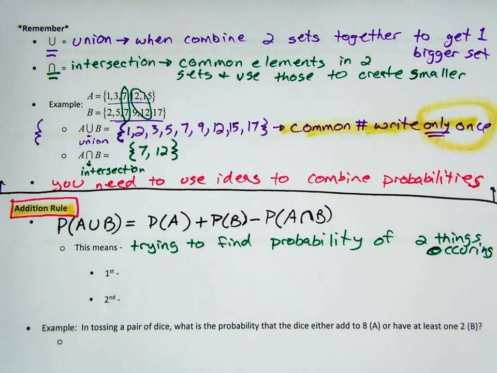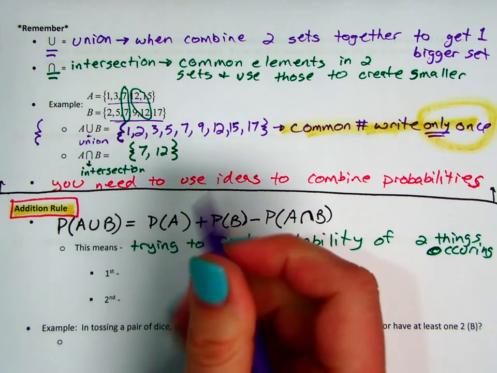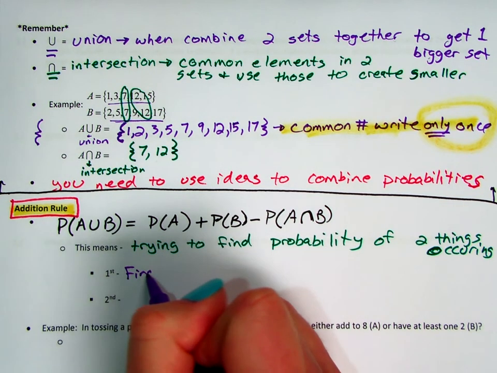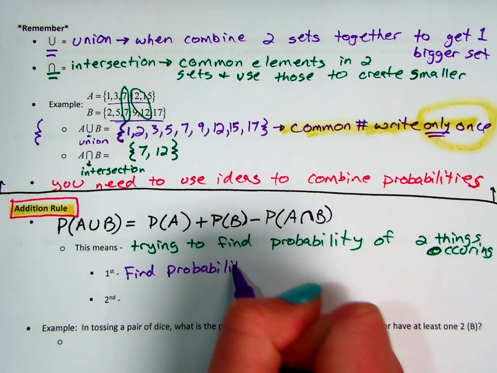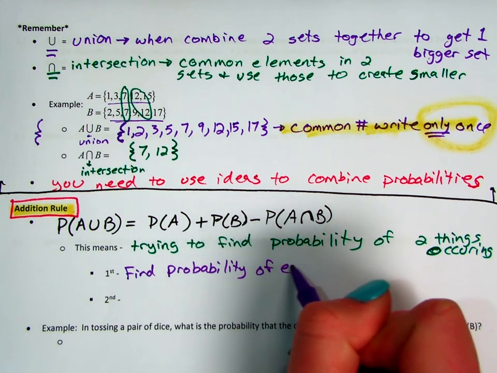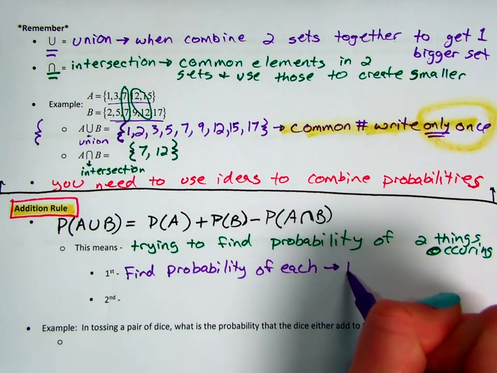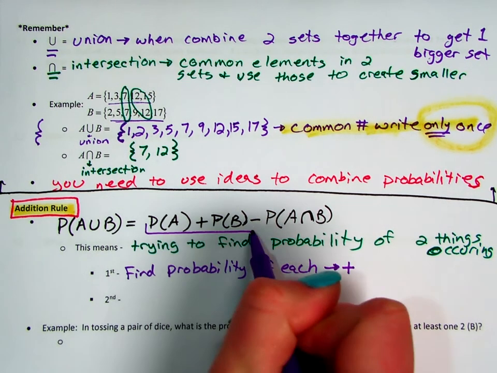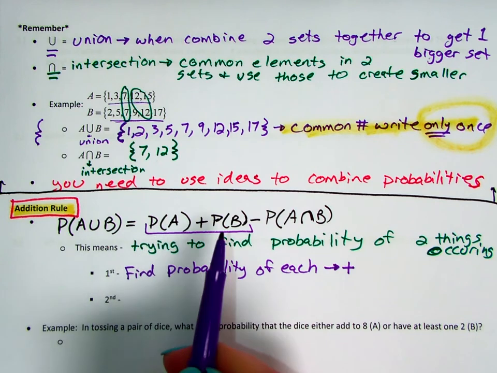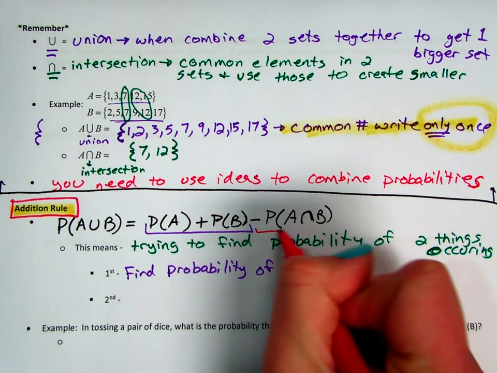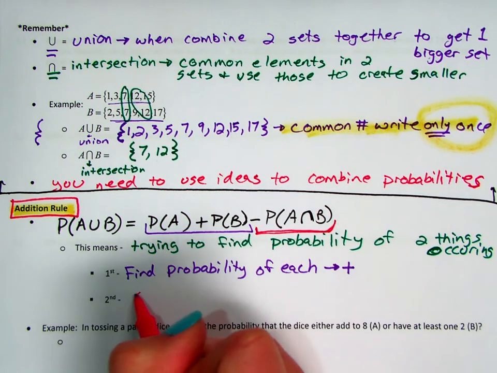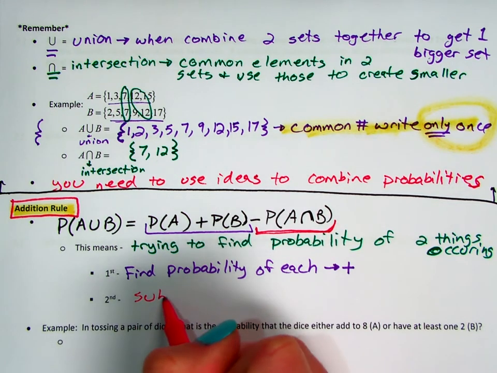And if we're trying to find the probability of those two things occurring, our first step would be to find the probability of each, and then add them together. That's what this is saying. Find the probability of the first, find the probability of the second, and add them together. Once we've done that, then we need to take care of this step, which is subtracting out the common elements.